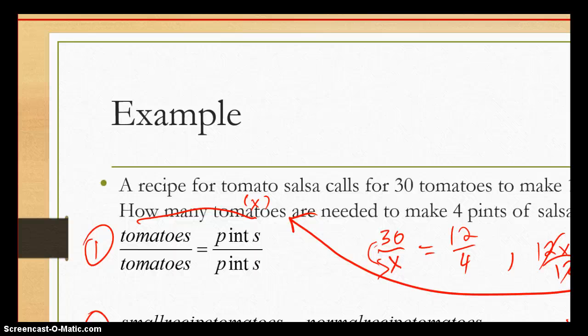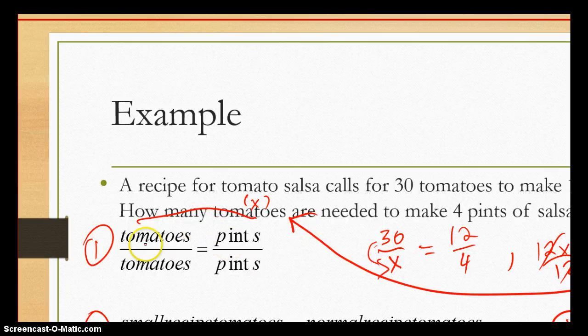We do know that. Then we have the normal recipe of tomatoes, which is 30, and the 12 pints. You can see that if I cross multiplied again, I'd be given the same thing: the 12x equals 120. Same thing as in the problem above. So you still get x equals 10.